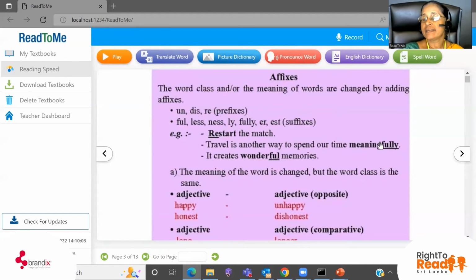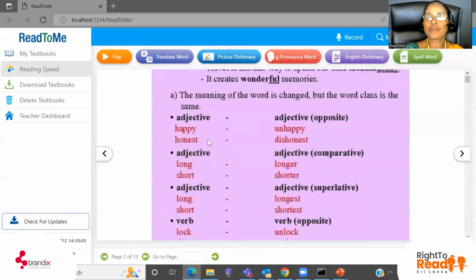When we add some letters or a group of letters at the end of the word, we call them suffixes.